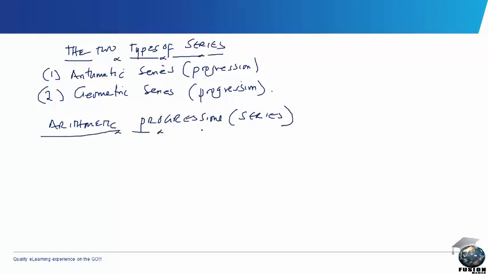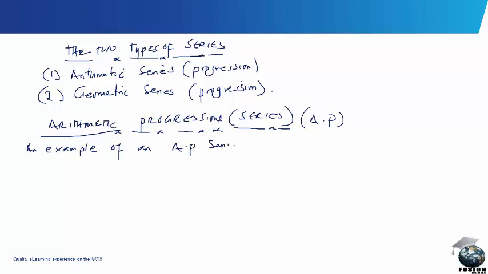We'll discuss this using examples. An example of an arithmetic series, which I'll denote as an AP series, is this: 2 plus 4 plus 6 plus 8 plus 10, and it continues.